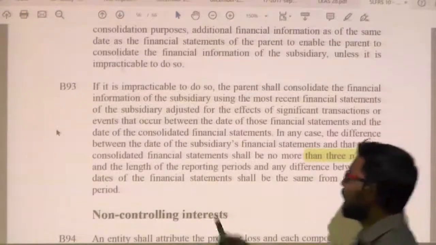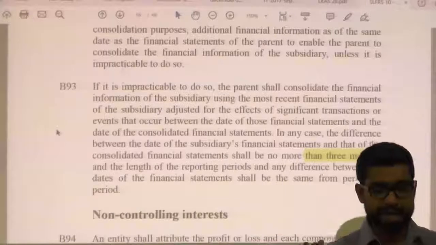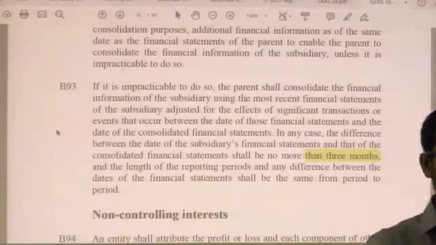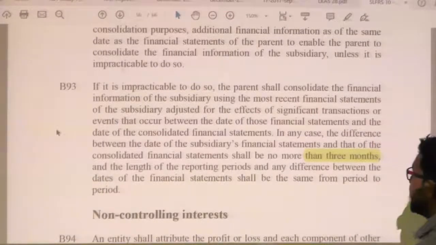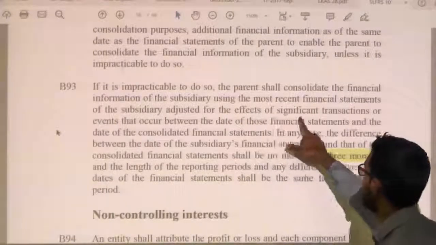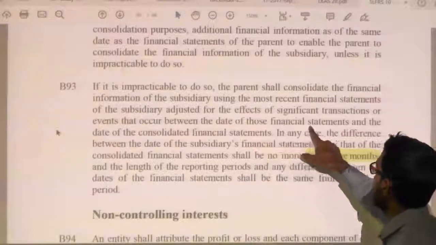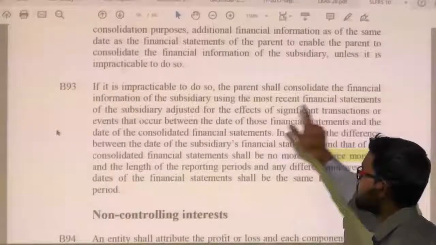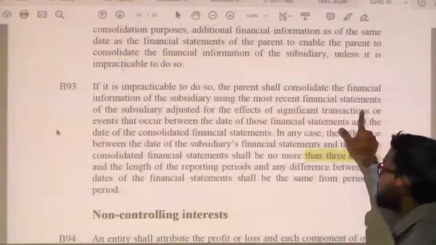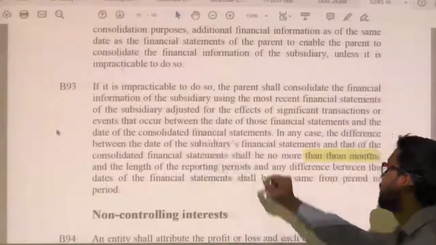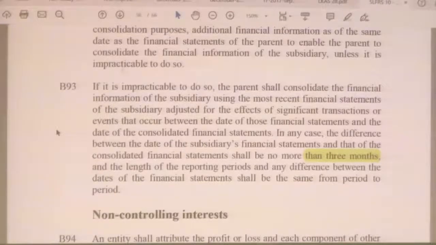Then the length of the reporting periods and any difference between the dates of the financial statements shall be the same from period to period, right? Fine. If it is impracticable to prepare another set of financial statements for consolidation purposes, you can take the most, underline the word most, recent financial statements of the subsidiary, adjusted for the effect of significant transactions or events occurring between the date of those financial statements and the consolidated financial statement date, right?